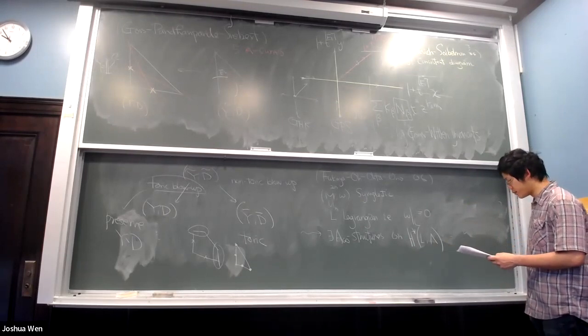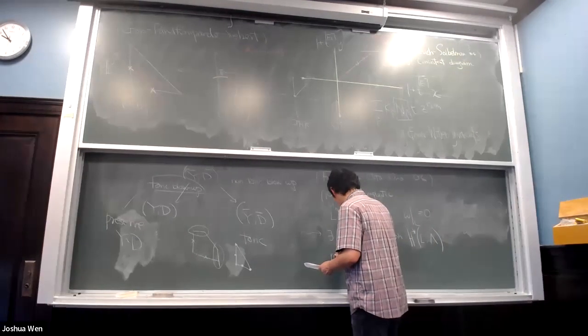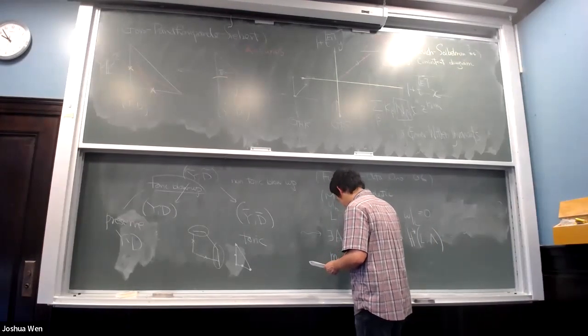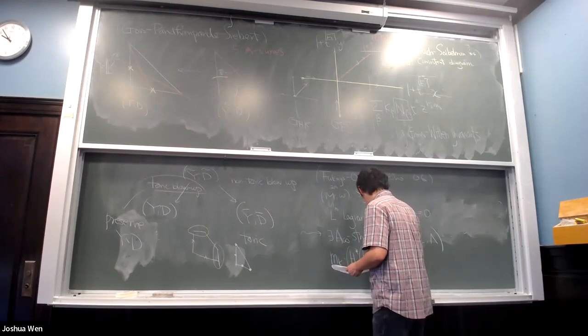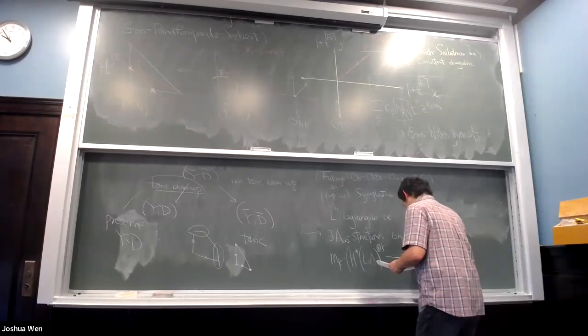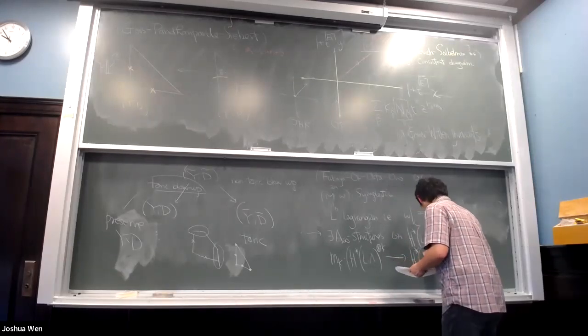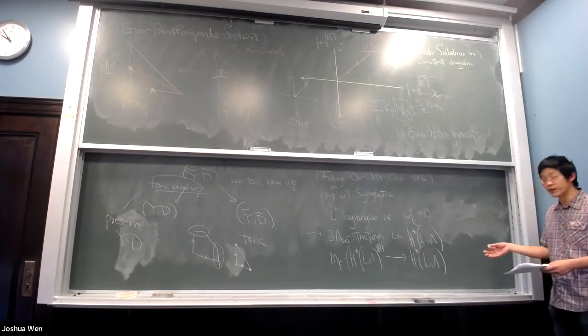Technically, I will need some other coefficients. What it means is that there are some operators called m_k operators, and they satisfy the so-called A-infinity relations.